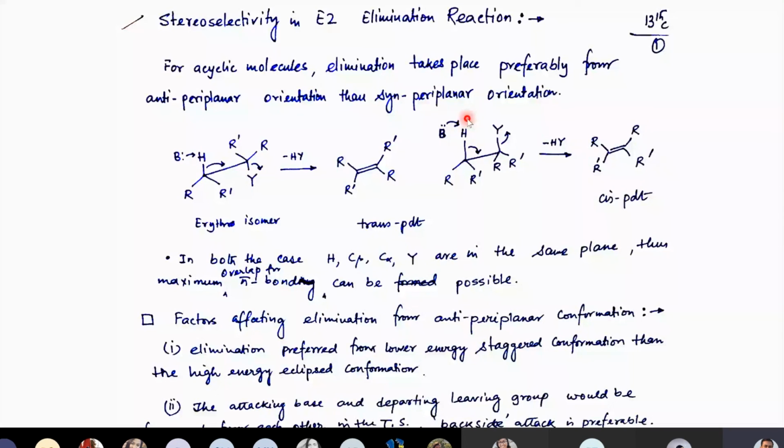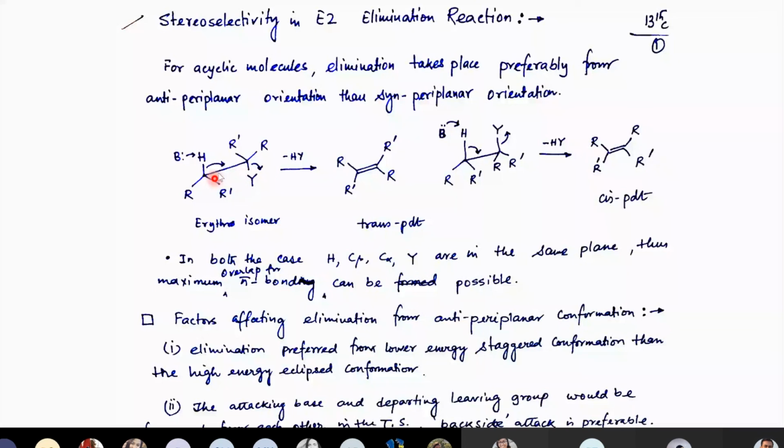Okay. So these two conformations are favorable for E2 elimination, because in this case the favorable overlap could take place. But what has been observed is that for E2 elimination, the elimination from the anti-periplanar orientation is more favorable than syn-periplanar.